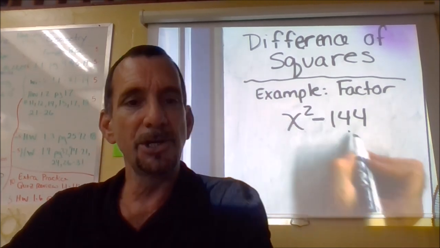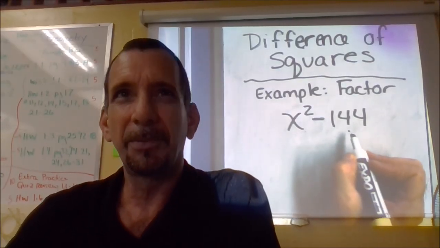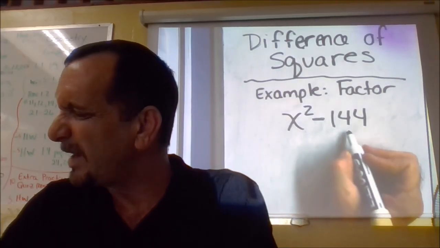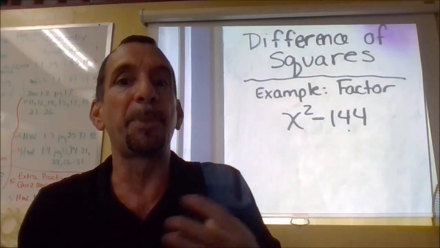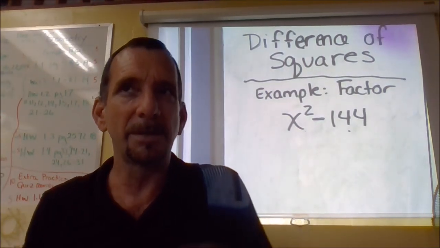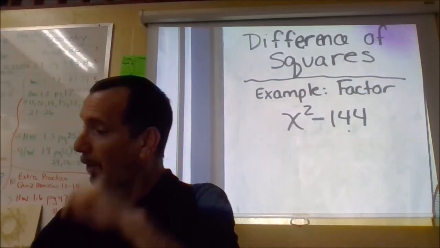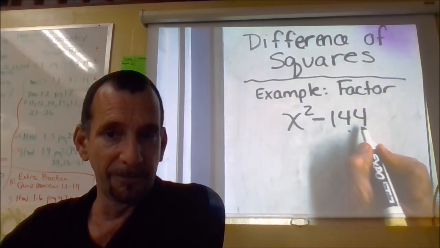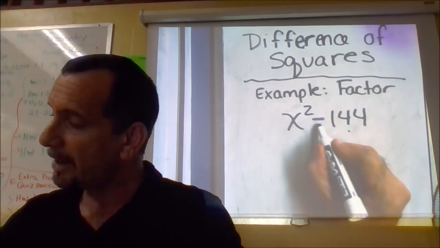And 144, can we multiply something by itself to get 144? Can we get the square root of 144 and get a perfect square? What's the square root of 144? 12. So we know that the square root of 144 is 12. 12 times 12, we need a perfect square, and we need the difference.